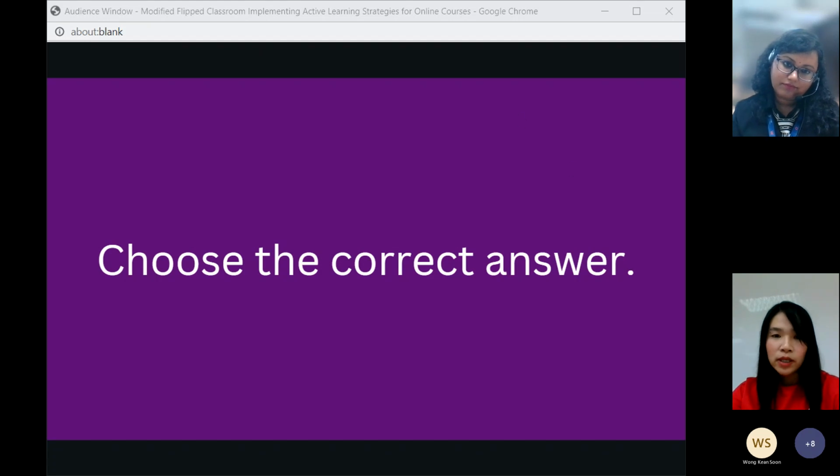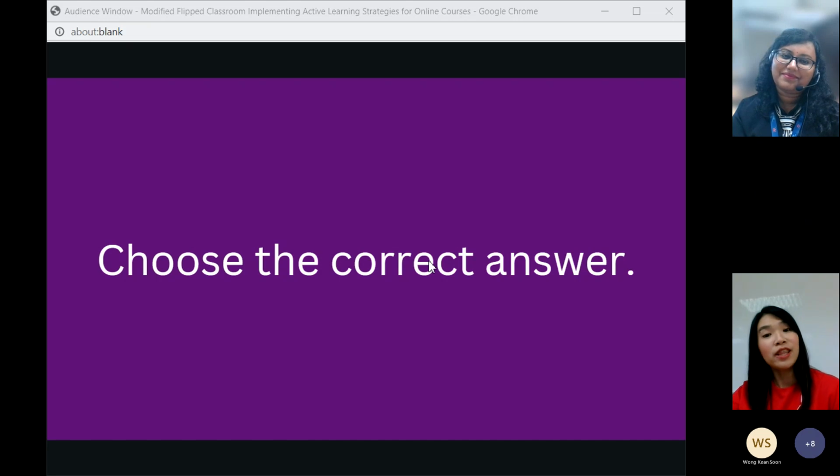Okay, I hope you can see the question now. All right, so what is the primary goal of flipped learning or flipped classroom? Is it to eliminate the need for teachers so that we are free and we don't need to do anything? Or to promote student engagement and active learning, or to reduce the amount of time spent in class?